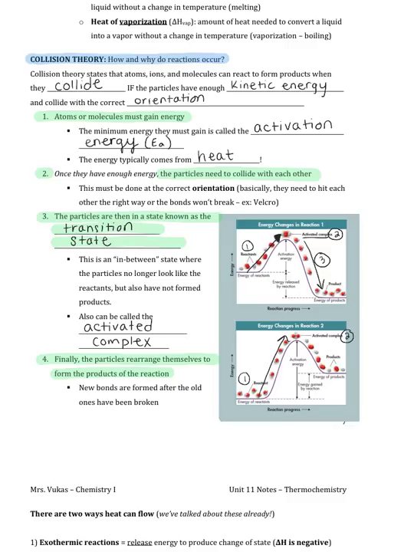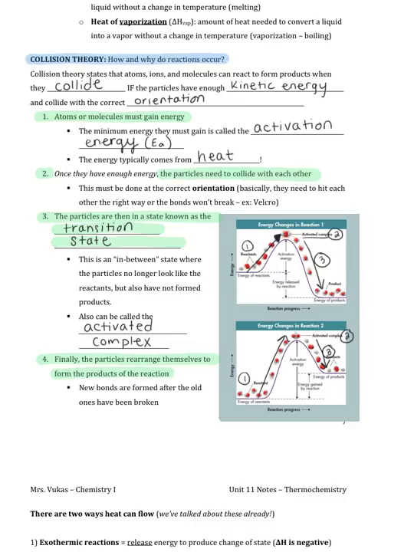They become an activated complex, and then they release energy as they form products. So even though these two graphs look a little bit different, it's the same overall process: gain energy, hit each other at the right orientation, form that transition state, release energy to form products.